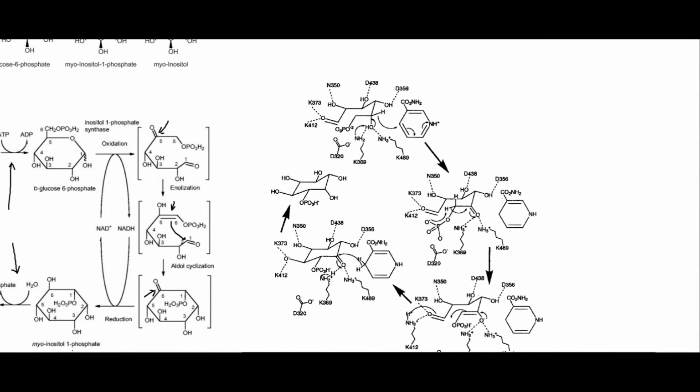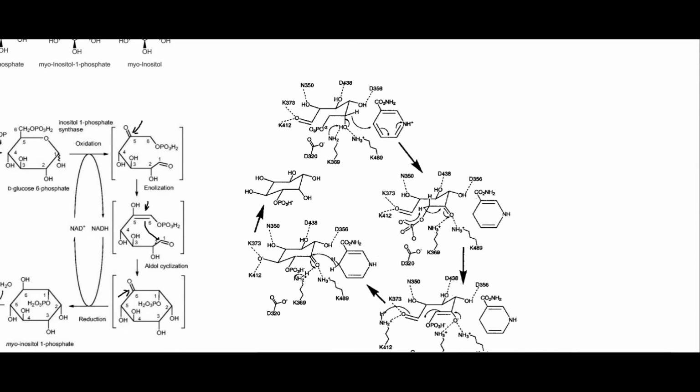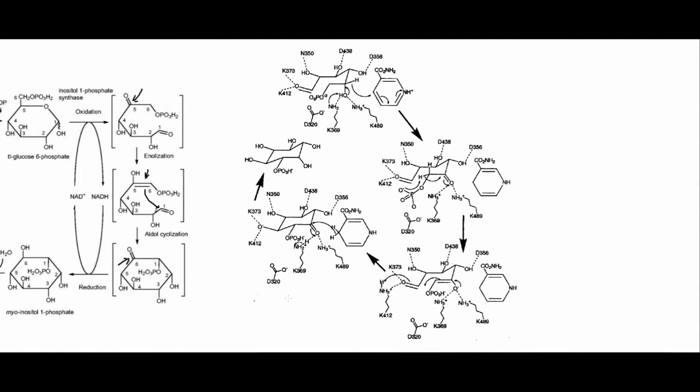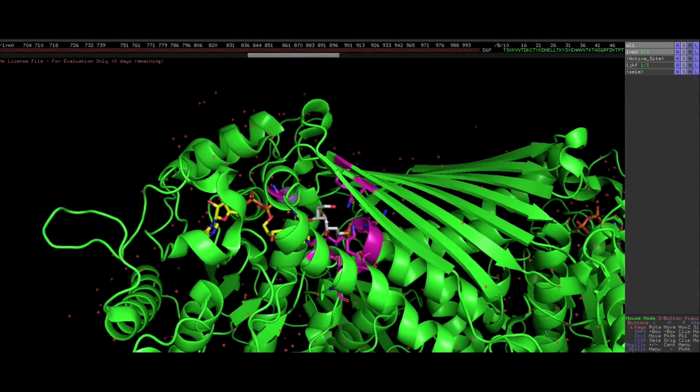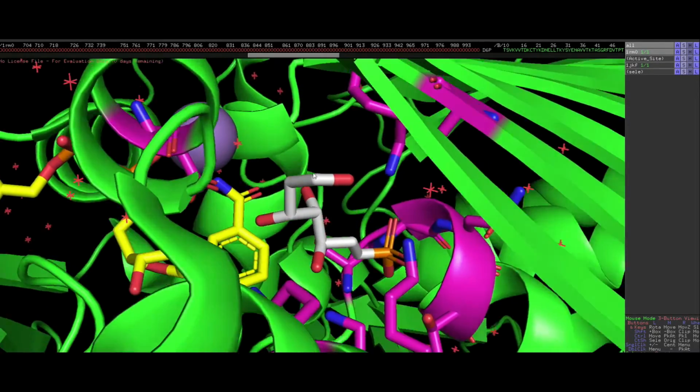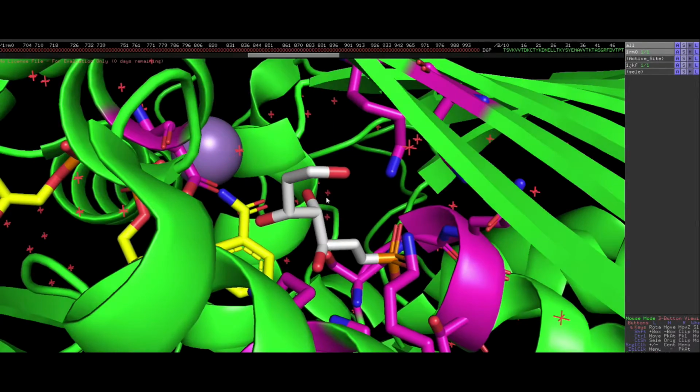And so I have this more in-depth mechanism, and this comes from the same paper where they got the structure that I have right here. And so we can see in gray right here, this is the reactant.